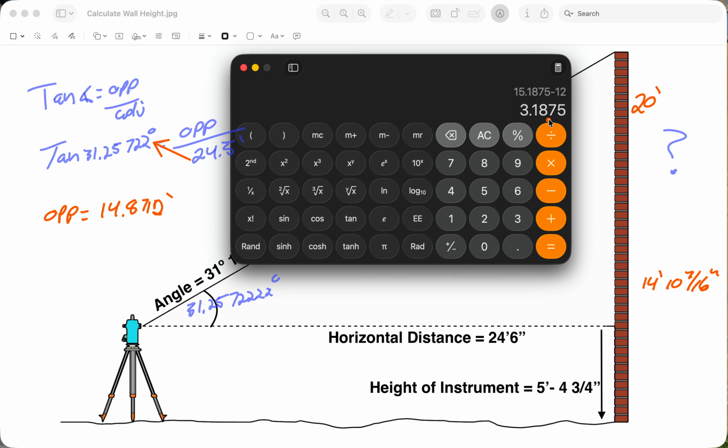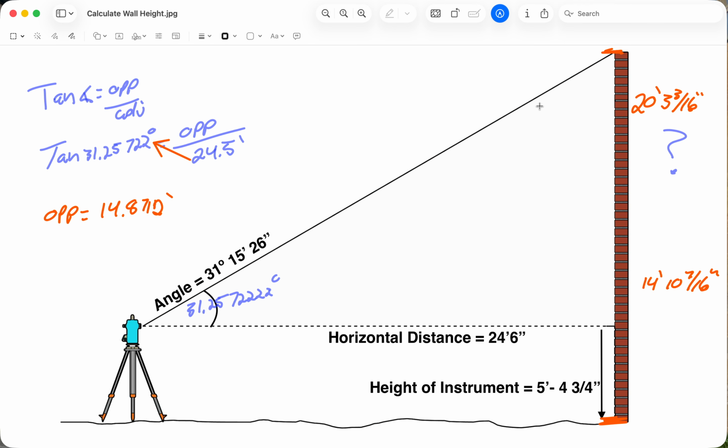I'll take the 12 inches off of that because we've added that on to go from 19 to 20. So we're going to have 20 foot 3. And just to prove it, minus 3, times 16, is going to be 3/16. 20 foot 3 and 3/16 is the total height from the ground to the top of that wall.